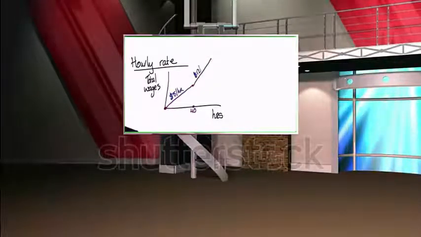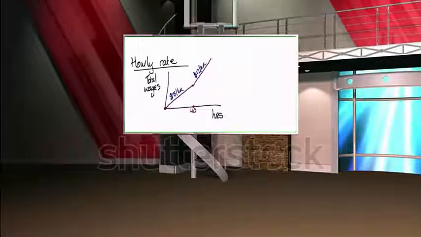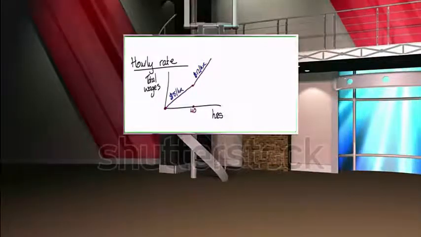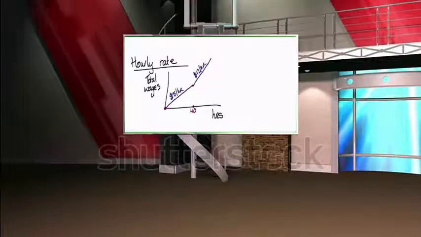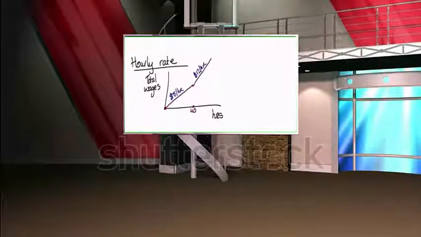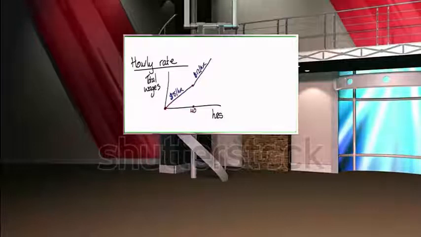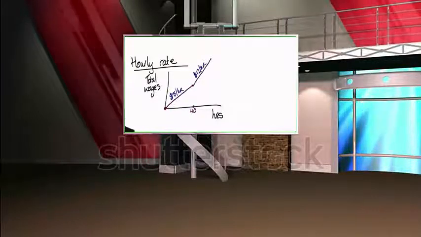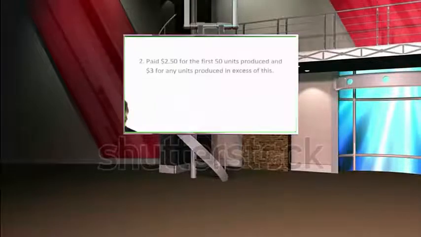So now they're getting $12 per hour. So our hourly system in relation to our production line worker is like a variable cost, where our variable cost per hour increases above 40 hours. Okay, that's our first payment system. Let's move on to our second exercise.